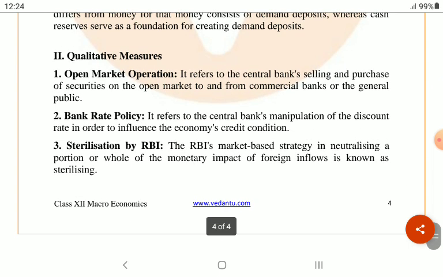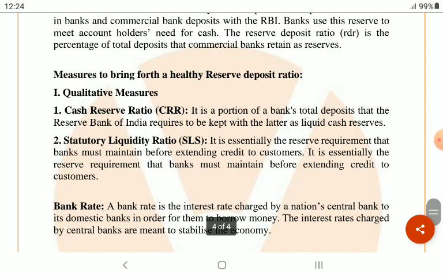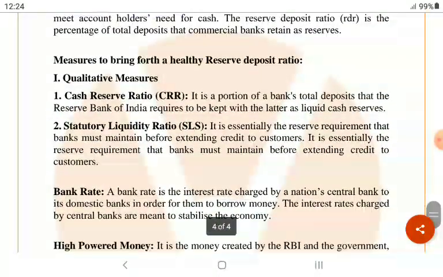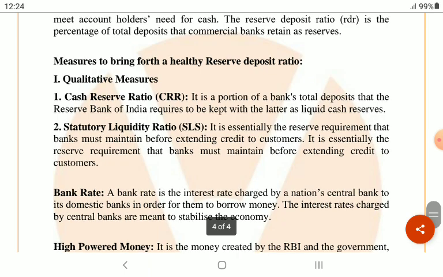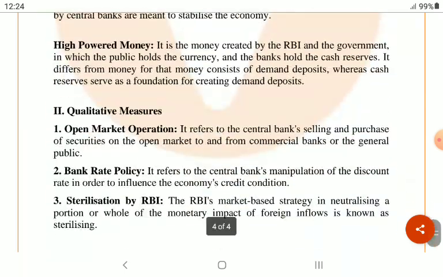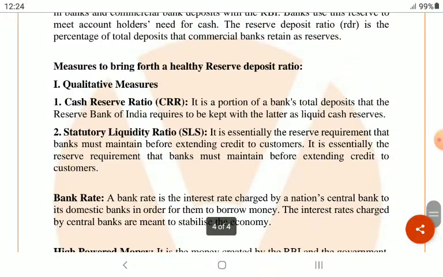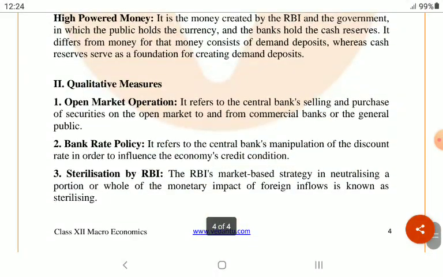Next is qualitative measures. Here there are different types. Open market operation refers to the central bank selling and purchasing of securities on the open market to and from commercial banks or the general public.